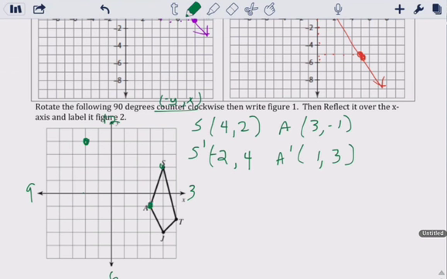This quadrant, counter would be over here. Okay, so 1, 3, right there. Y is opposite, X stays the same. Yep, that's right.